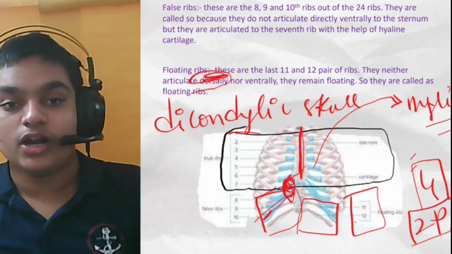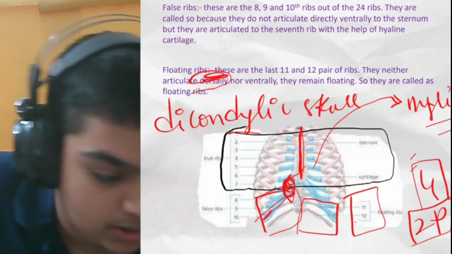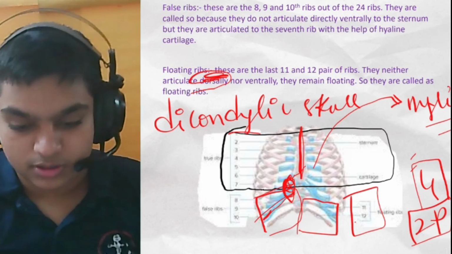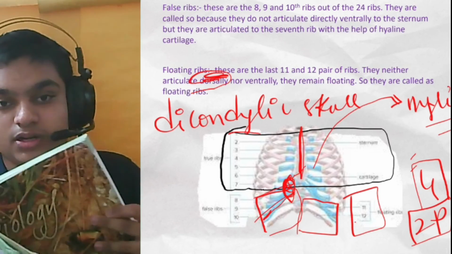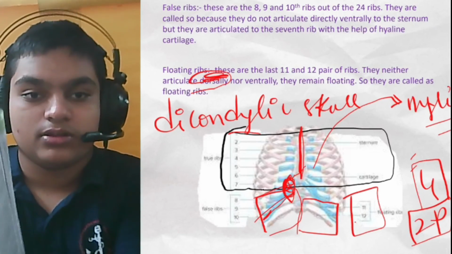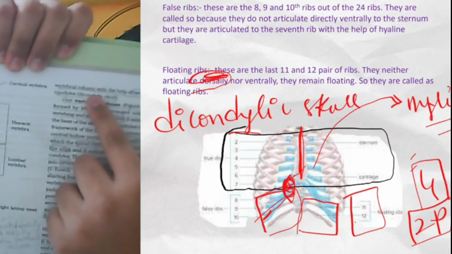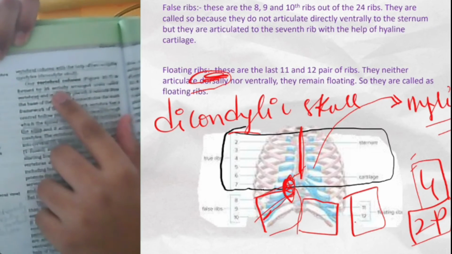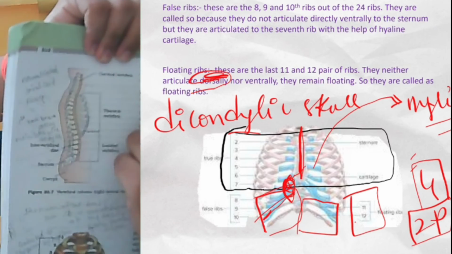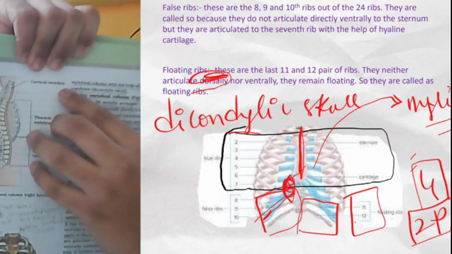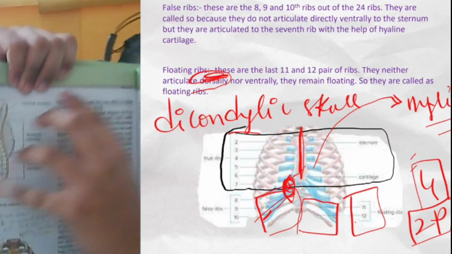That is why it is called a dicondylic skull. If I had NCERT, I would show you, but I only have the manual textbook. So if you do not mind, please see it here. Page number 310, the second line, it is written as dicondylic skull.